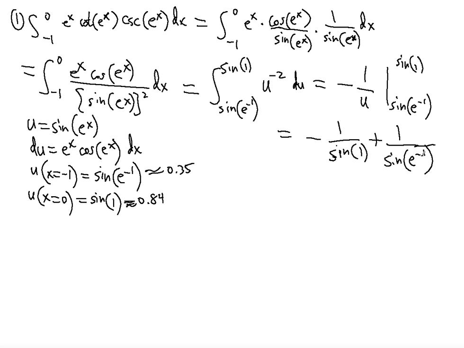But let's use the calculator to check what it's going to be. 1 divided by sine of 1, that's negative 1.18, plus 1 divided by sine of e to the -1. In any case, it's going to give you a positive value.